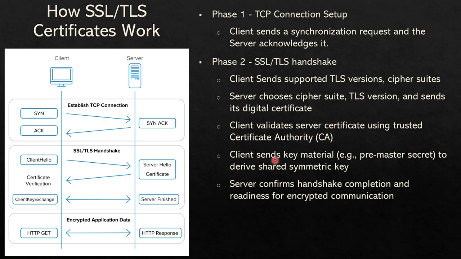Once this is approved, the client sends the key material, the pre-master secret, to derive shared symmetric keys, and then the server confirms handshake completion and readiness for encrypted communication. These are the first two phases which set up the base of secure communication.